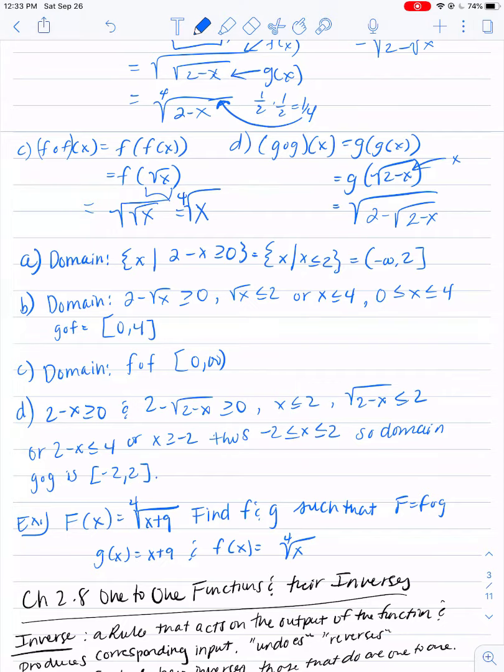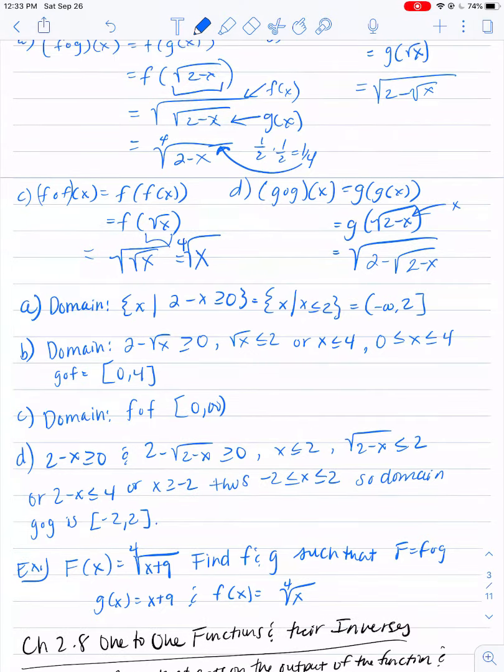Alright, so our domain of C is just the 4th root of x. So our x has to be positive, so it's going to be 0 to infinity. And then for D, our 2 minus x has to be greater than or equal to 0. So that means we're having 2 minus square root 2 minus x is greater than or equal to 0, because that's what's inside our square root.